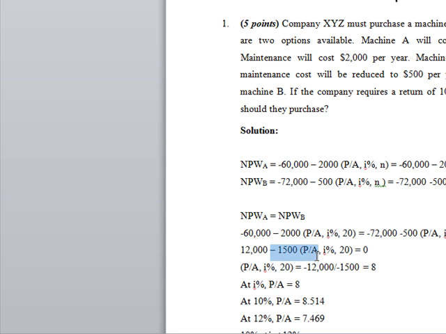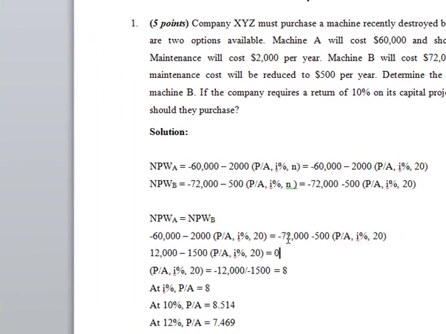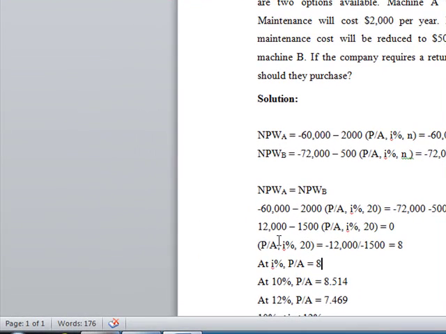P given A, I percent, interest rate, and number of years 20, right? That is equal to 0. Basically we have transferred both the terms to the other side. Then solving it further, we get this P given A value, we get 8, right?